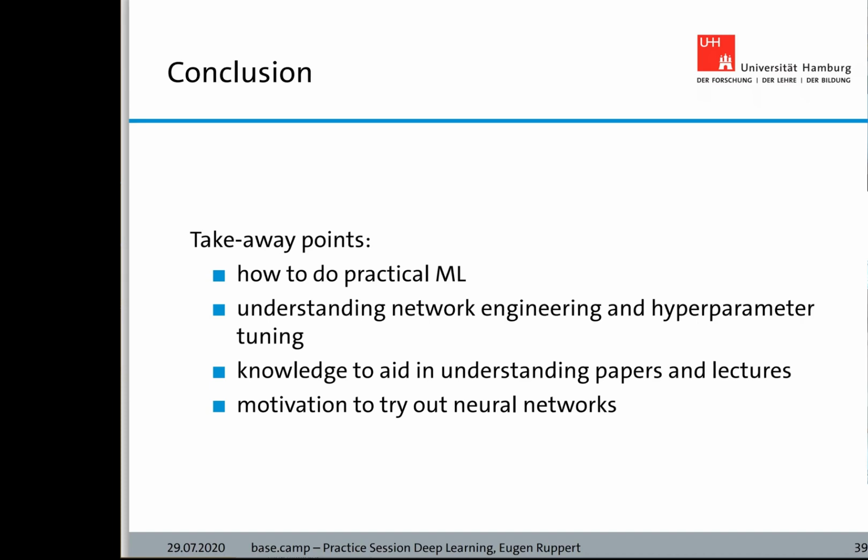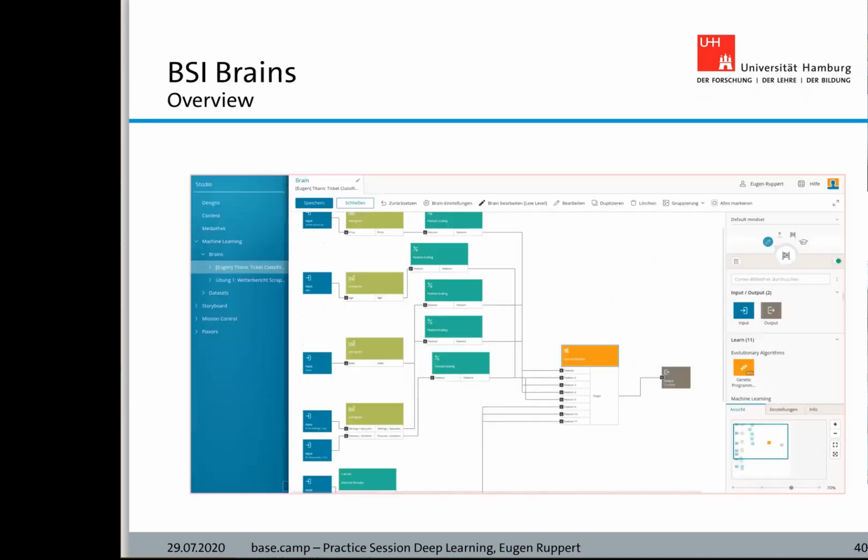And also that you now know what overfitting is and what some terms mean like ReLU or ADAM, so that this will help you in understanding papers and some lectures. And maybe you are now motivated to try out some neural networks, which we will get to now.